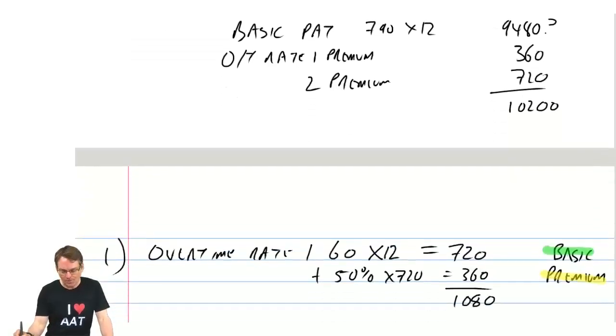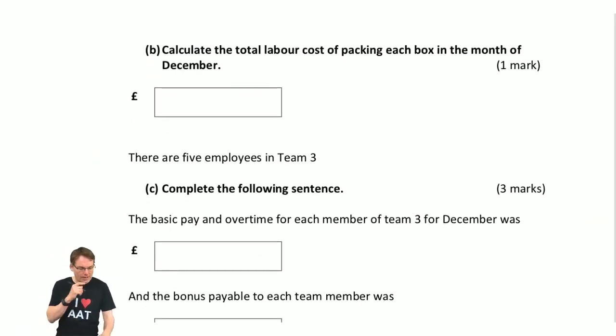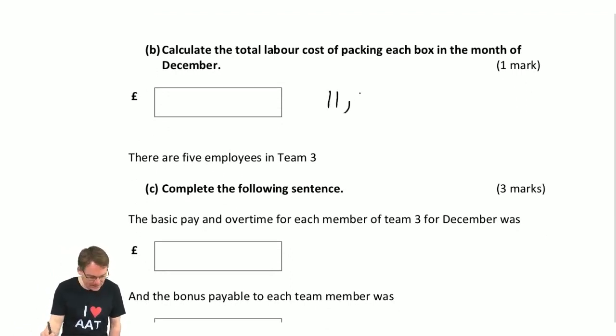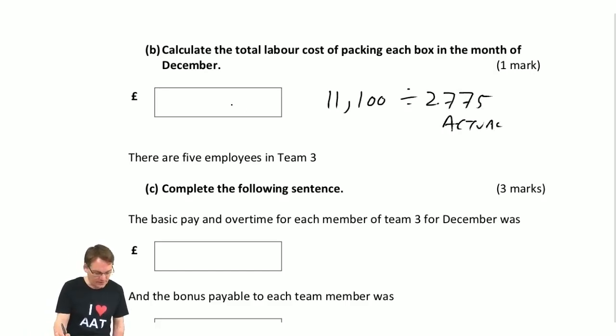Final little bit that we've got. Calculate the total labour cost of packing each box. Well, we had 11,100. That's the total cost we had. And the actual number packed was 2,775, which gives me £4 each. Nice and easy.